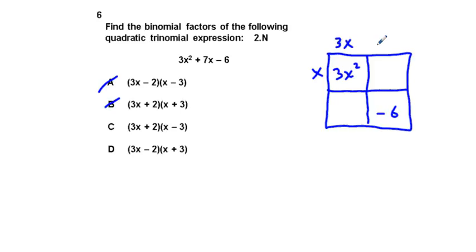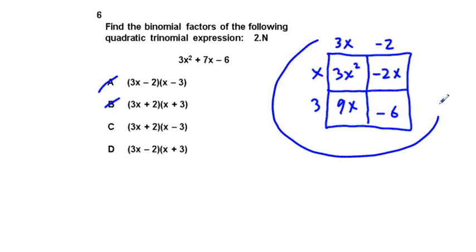So we'll put here negative 2 and 3. So we get 3 times 3x, which is 9x, and negative 2 times x, which is minus 2x. And so we have this situation right here, answer choice D.